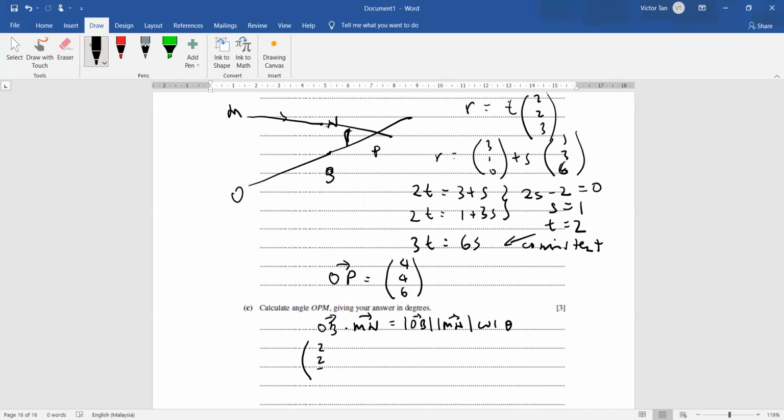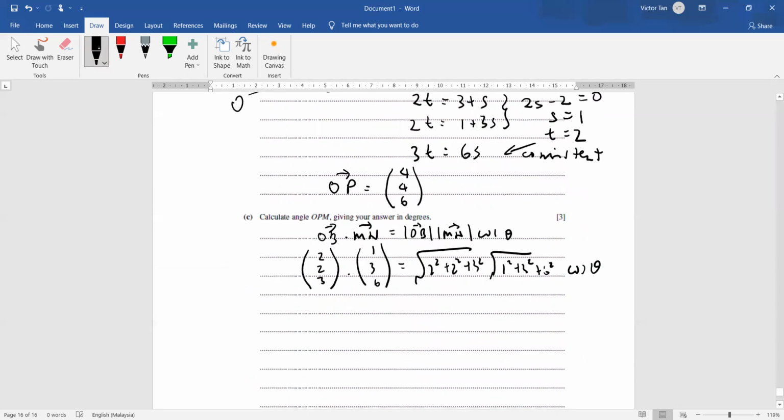OB is (2, 2, 3) dot (1, 3, 6) equals, oops, this is the magnitude: square root of 2 squared plus 2 squared plus 3 squared times square root of 1 squared plus 3 squared plus 6 squared. Okay.